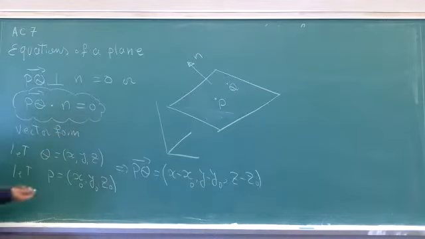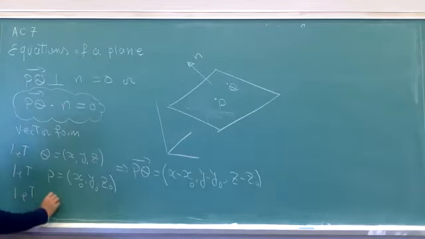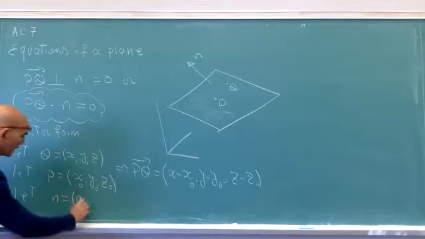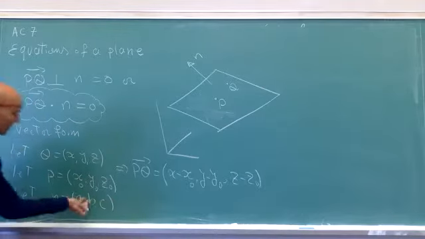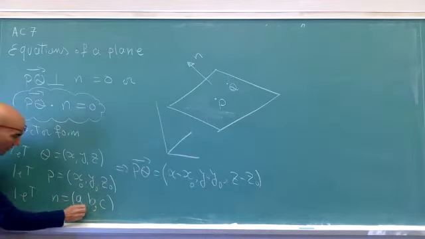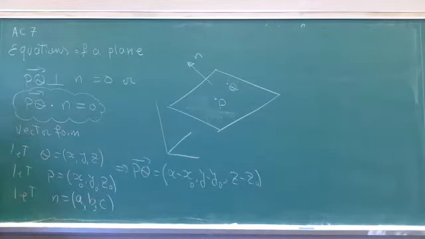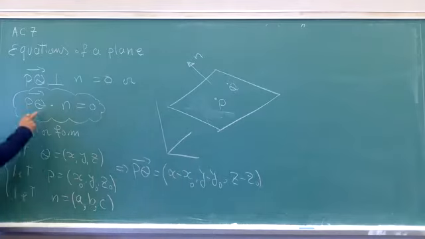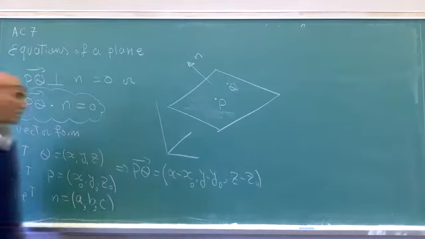So of course, why don't we just give coordinates for n? Let n be equal to (A, B, C). Now we have everything that we need in order to write this in terms of Cartesian coordinates.